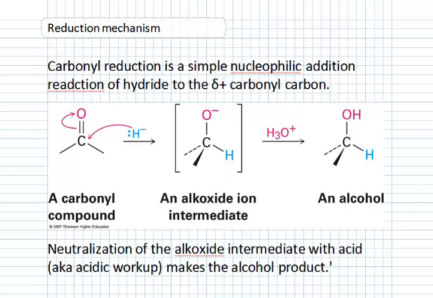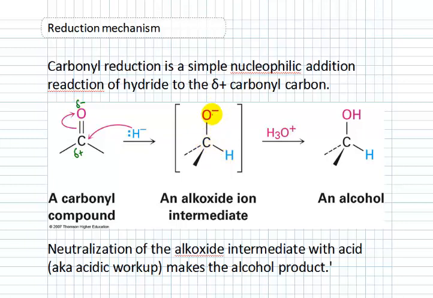As long as you remember hydride is an H minus, that's our source of electrons. Carbonyl compounds have a partial plus on the carbon and partial minus on the oxygen. So an H minus will naturally attack the carbonyl carbon, which will kick one pair of those double bond electrons up onto the oxygen. So we've added our H to the carbon. Okay?